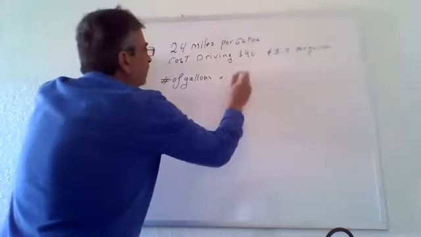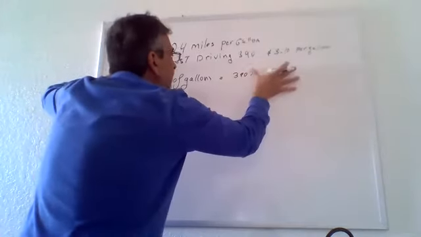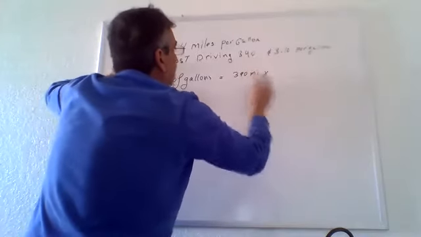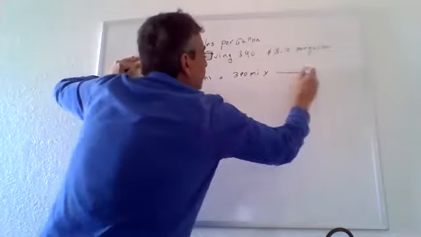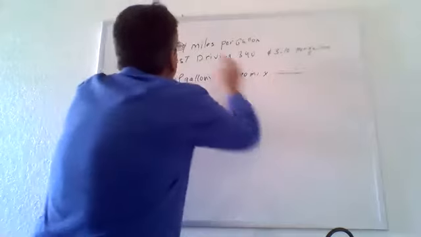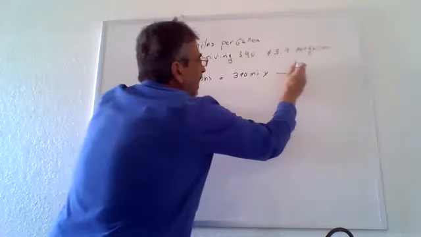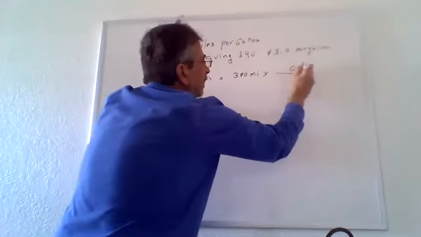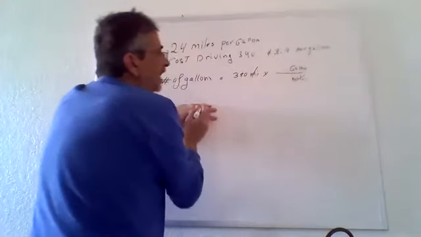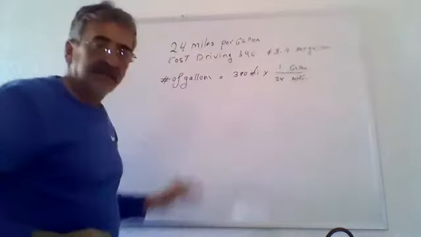That's equal to 390 miles times the relationship between miles and gallons, 24 miles per gallon. We need gallons on top and miles on the bottom so we can cancel the miles out, so it's 1 gallon to 24 miles.